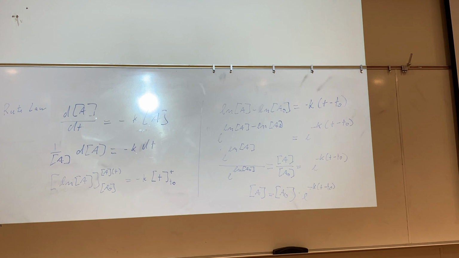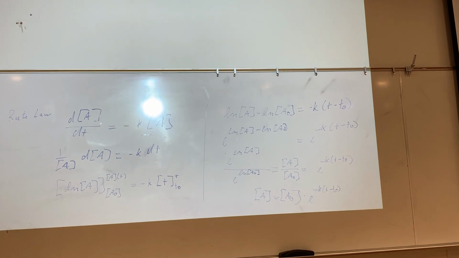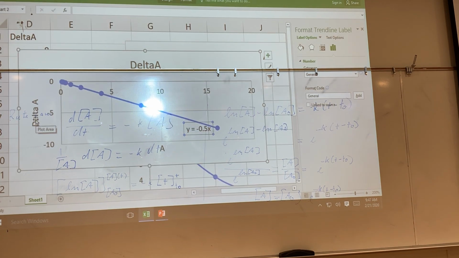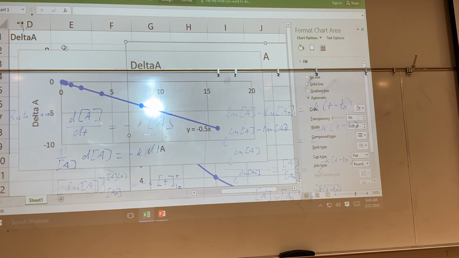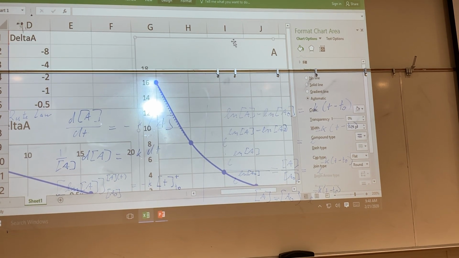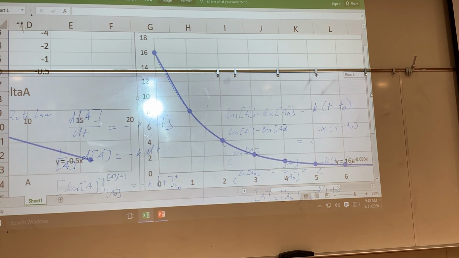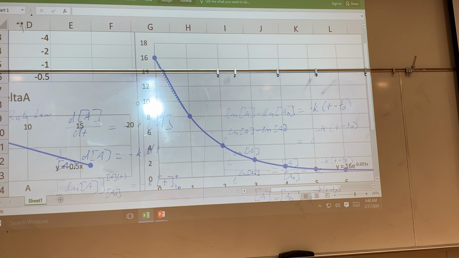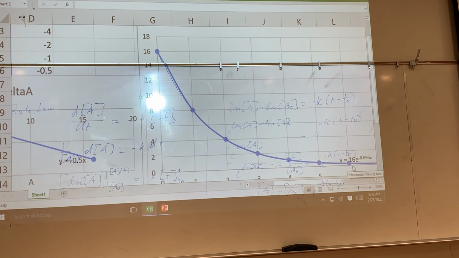And the fact that that is an exponential decay, that is what we have in Excel as well, because this exponential portion we clearly saw in our first graph. There we had that it was exponential. There we have it. And 16 was our initial concentration, correct? That is exactly what we should have gotten over there.